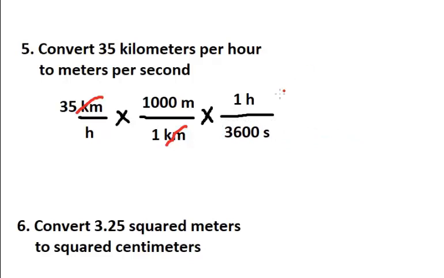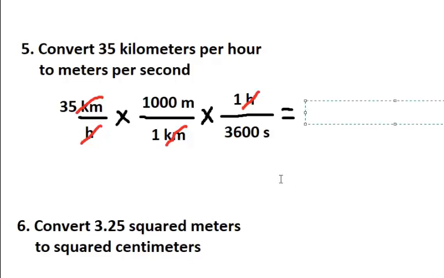That way you cancel hours because you have hours up and hours down. So goodbye to the hours. All we need to do now is just multiply and divide in order to find the answer. So I'm going to multiply 35 times 1,000 times 1 divided by 1 divided by 3,600. All of that in a row.